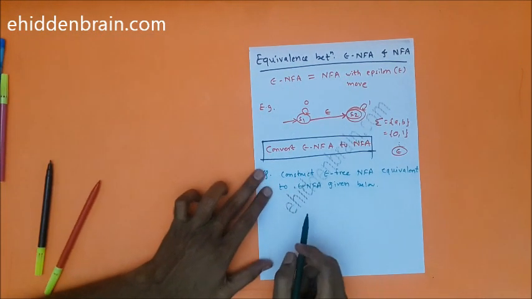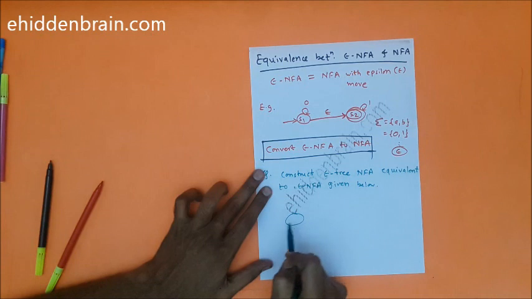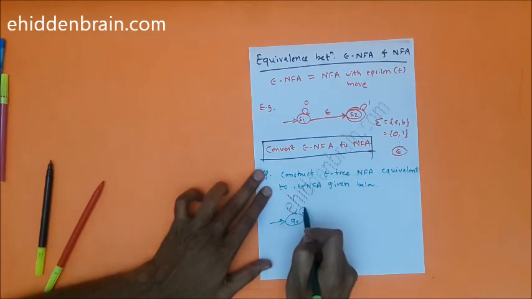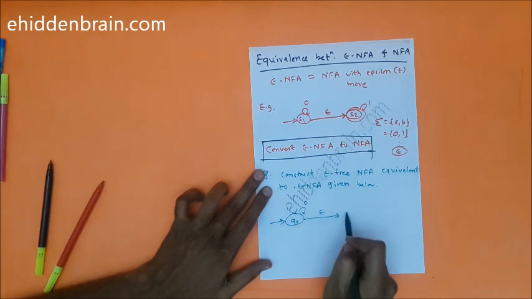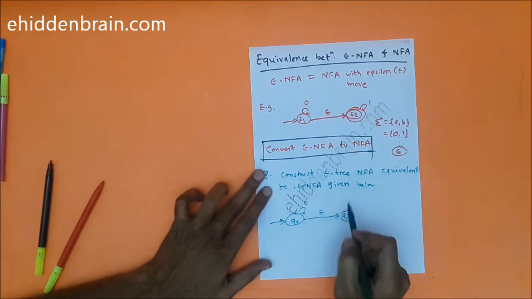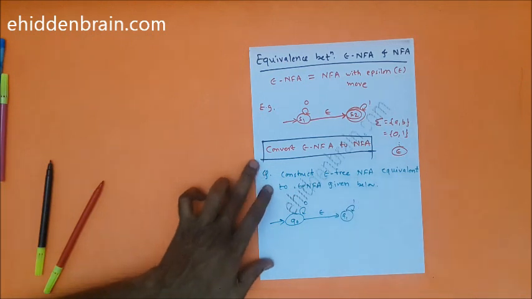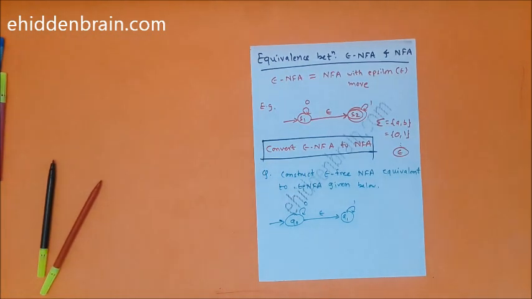Now let's see which NFA is given. This is the start state, Q0. There is a transition of 0. Then there is an epsilon move here, and then we have Q1. Then we have a transition of 1.